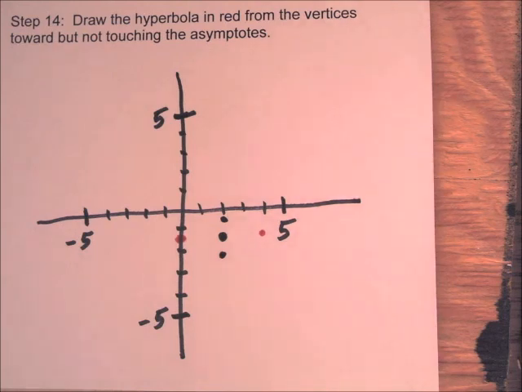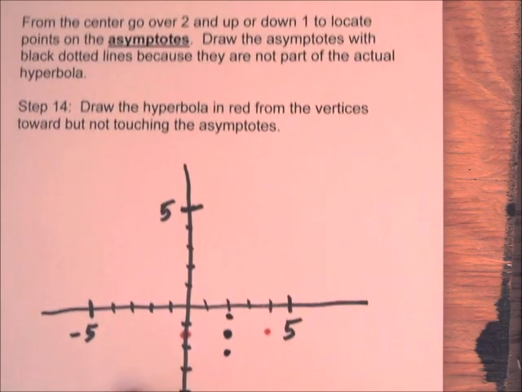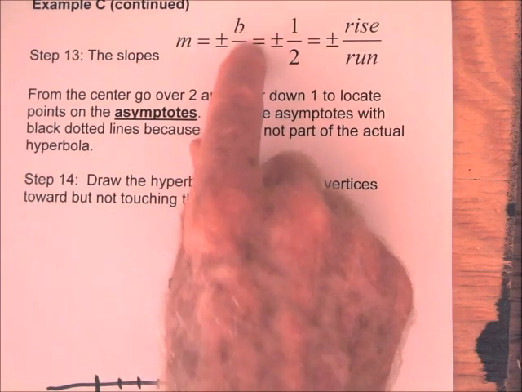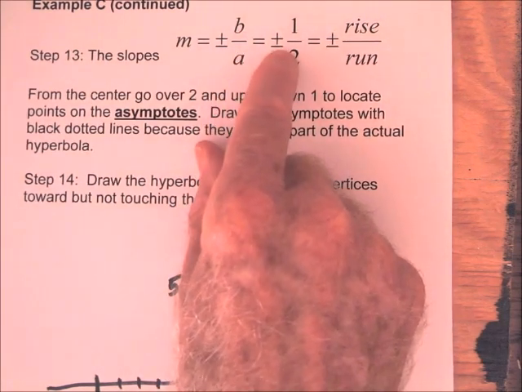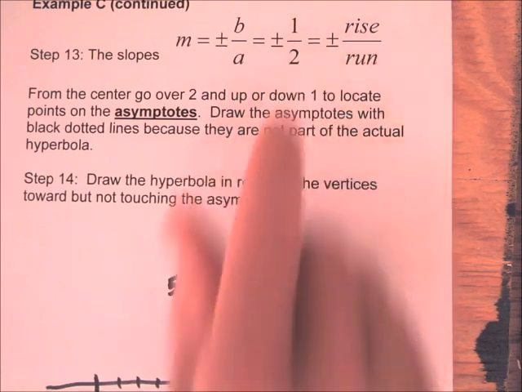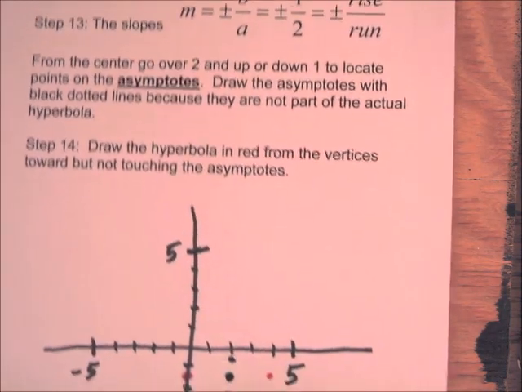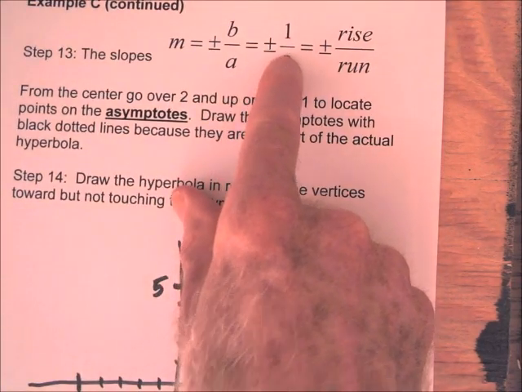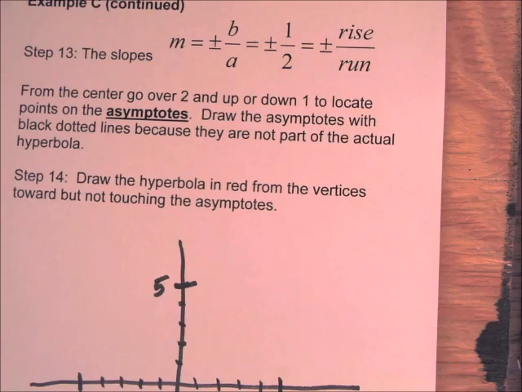Okay, then we want to compute the slope of the asymptotes. So the slope of the asymptote is plus or minus b over a. In this case, it's plus or minus 1 over 2, or it's the rise over the run. From the center, if we go over 2, we want to go up 1 from the center.